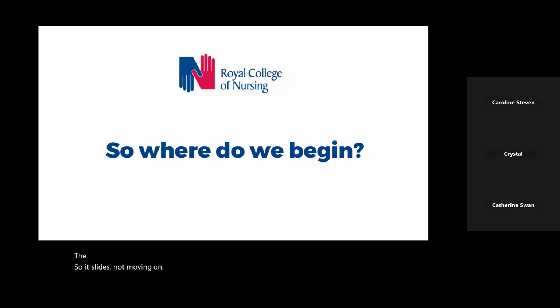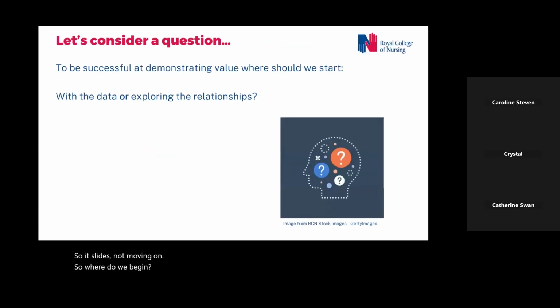So where do we begin? We just want to start thinking about a question here. To be successful at demonstrating value, where should we start? Do we start with the data or exploring relationships?